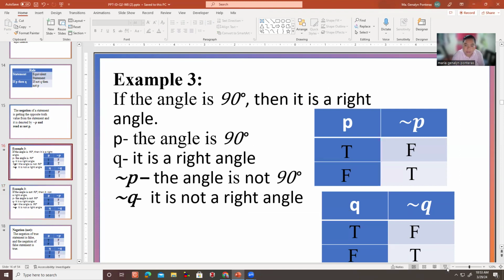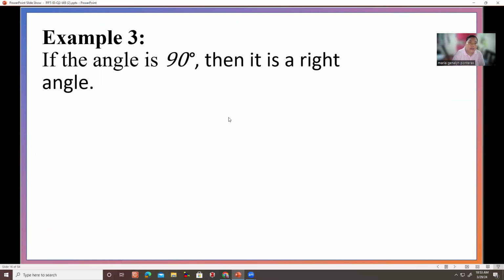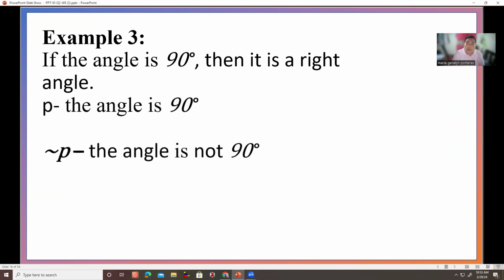Okay, so let's have first our conditional statement: if the angle is 90 degrees, then it is a right angle. P, the angle is 90 degrees; not P, the angle is not 90 degrees. So take note, class, in negation you just add the word not.